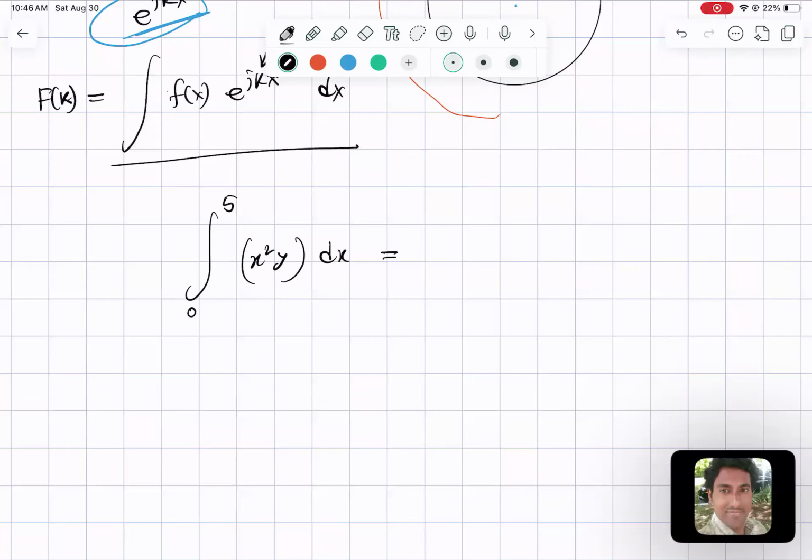What's the integration? x cubed over 3 times y, and the limit is 0 to 5. If you plug in the limit, it's 5 cubed over 3 times y. So this is just a function of y, right? We don't have any x after doing the integration. Does it make sense?